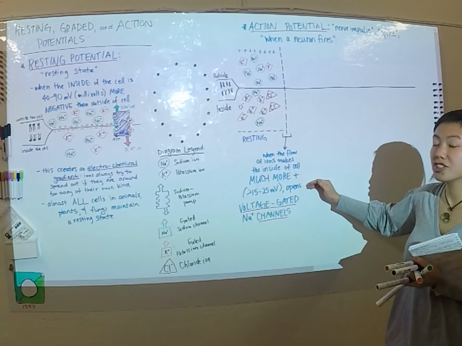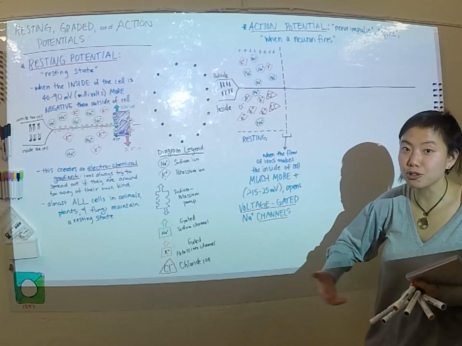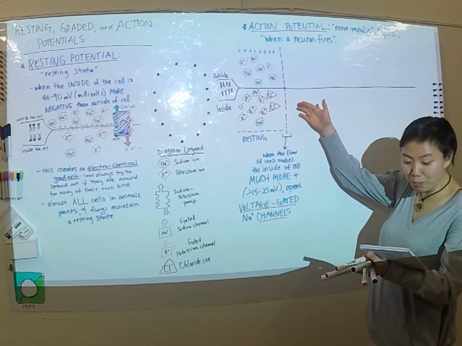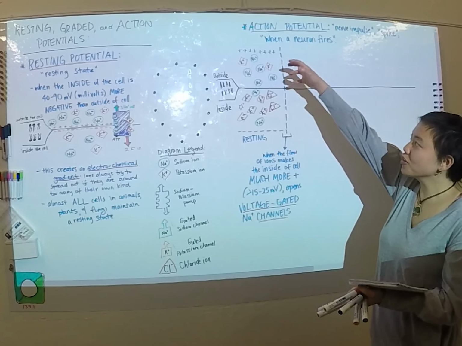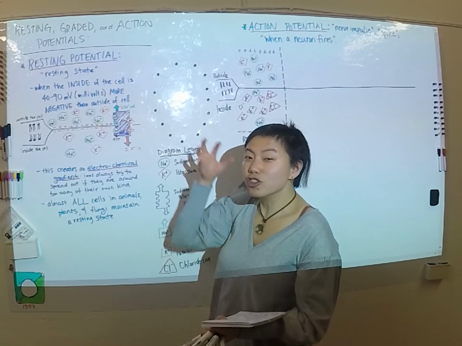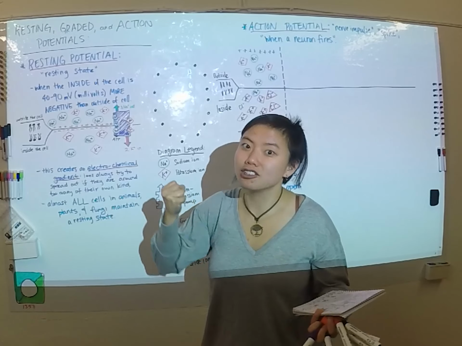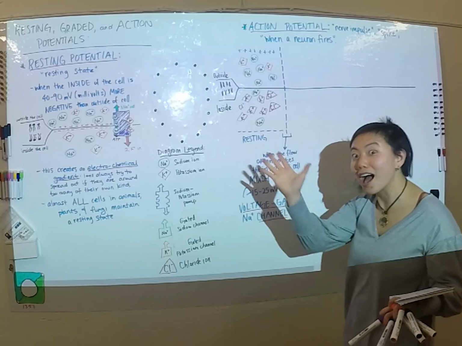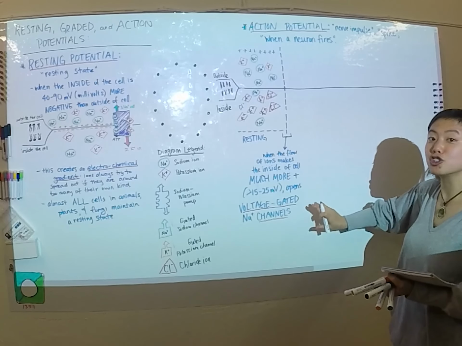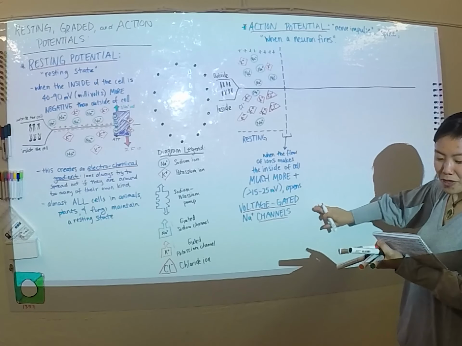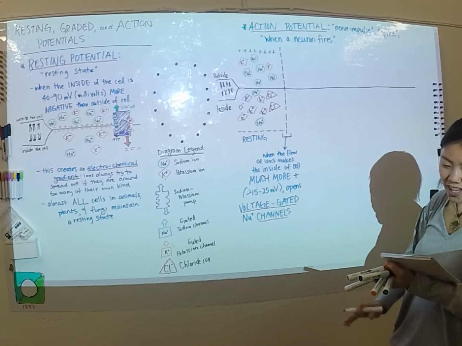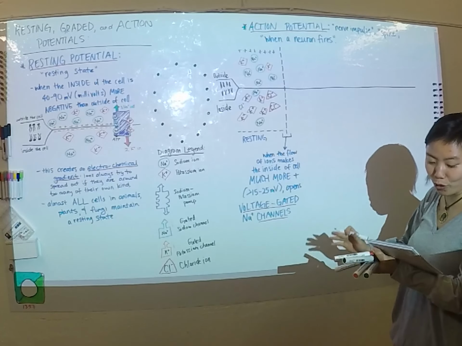When the voltage changes, when the electrical potential changes enough, then channels will open. And remember, the sodium ions, there's so much of them outside. They're just looking for the opportunity to go into the cell, okay? So now this is their opportunity. Once these voltage-gated sodium channels open, there's a huge rush of sodium into the cell, and that is called depolarization.